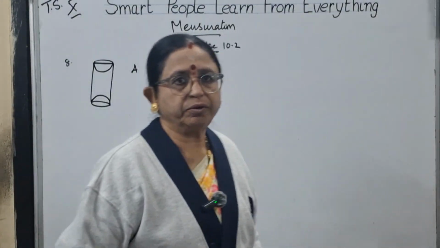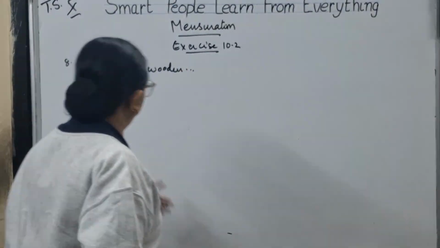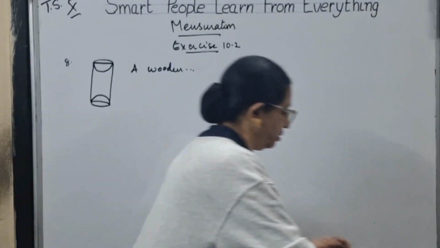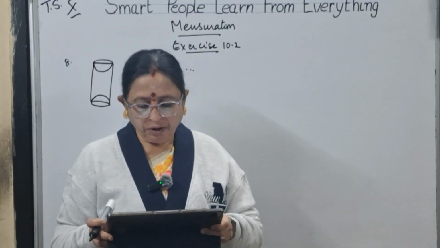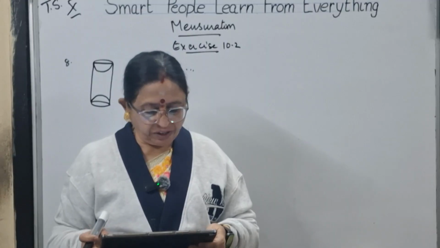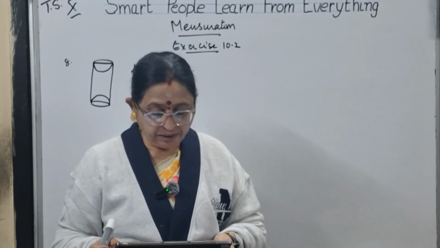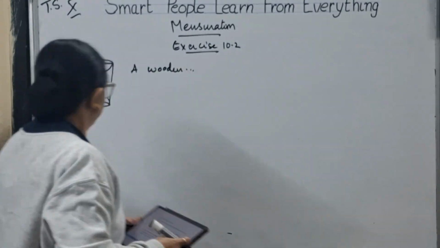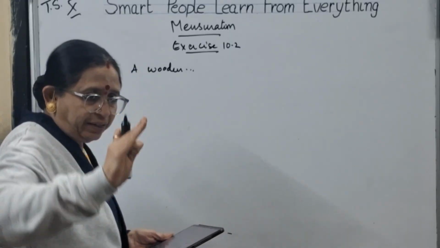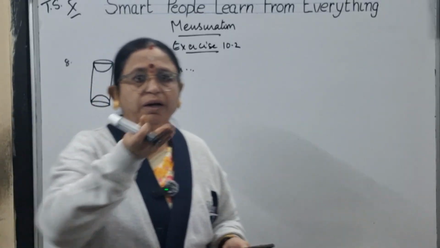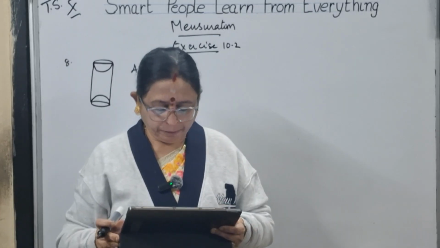Now, 8th sum, children. 8th sum is a wooden article. Let me read this sum. A wooden article was made by scooping out a hemisphere from each end of the solid cylinder as shown in the figure. See, this is a cylinder. They have scooped out, means they have removed like this. They have cut out hemispheres on top and bottom.